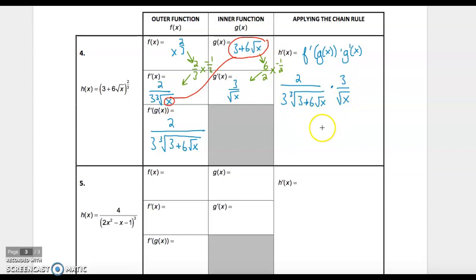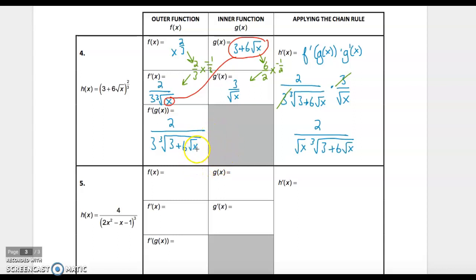And then to simplify this, not quite all the way, but just to put it in some semblance of terms, your 3's cancel. And I believe we have 2 over the square root of x times the cube root of 3 plus 6 times the square root of x. That's fine. We're just going to leave it like that. It's going to be great.